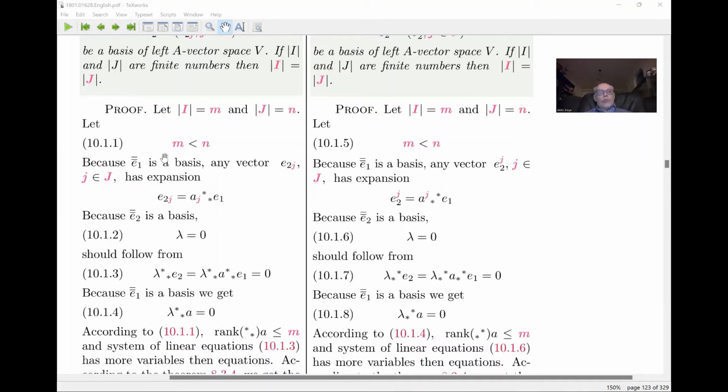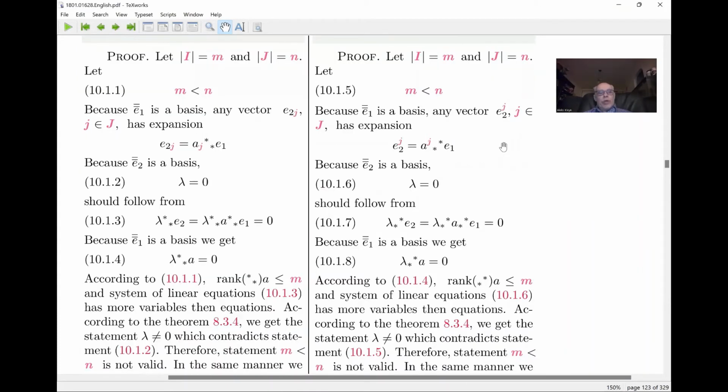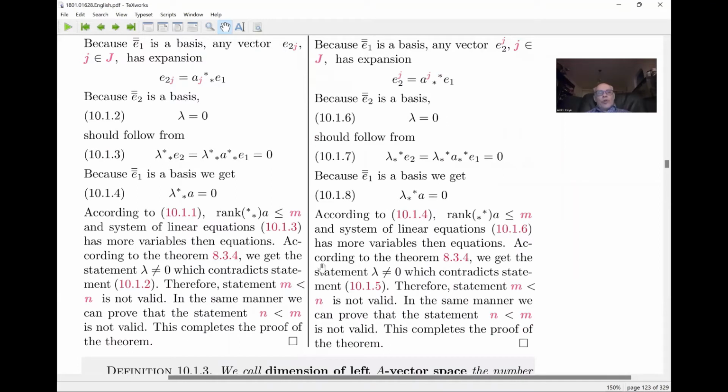According to statement 1.1, the CR rank of the matrix A is not greater than m. The system of linear equations 1.3 has more variables than equations. According to the theory of linear equations, we get the statement lambda not equal 0, which contradicts statement 1.2.